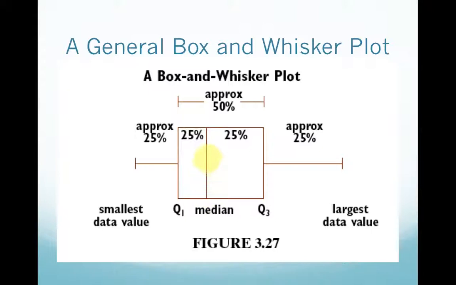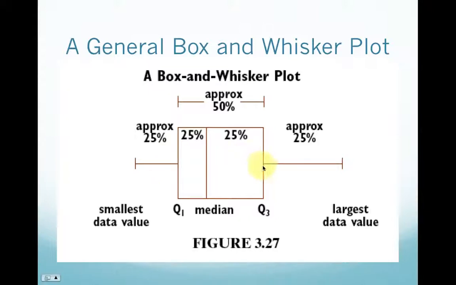The other thing that may be different from one box and whisker plot to the next is the length of each whisker. Notice that the left whisker is shorter than the right whisker. 25% of the data values fall between the smallest data value and Q1. So imagine that the smallest data value is 10 and Q1 is 20. 25% of the data values would fall between 10 and 20.